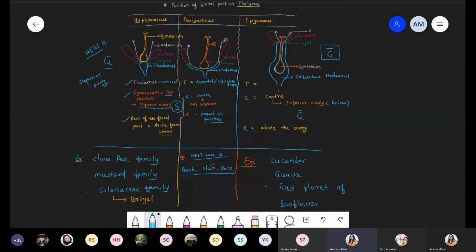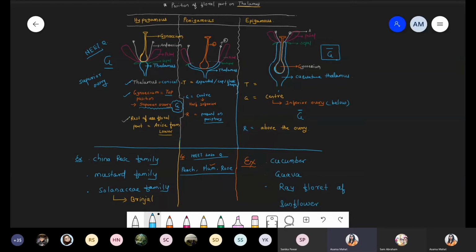For example, hypogynous: ovary pattern is superior. What is the symbol for superior? And the example. Now you can easily recall that. It won't happen without practice. Remember this point: students say the morphology chapter is very difficult to remember. Why is it difficult? Because of examples, because each and every concept is linked with an example. So practice examples.